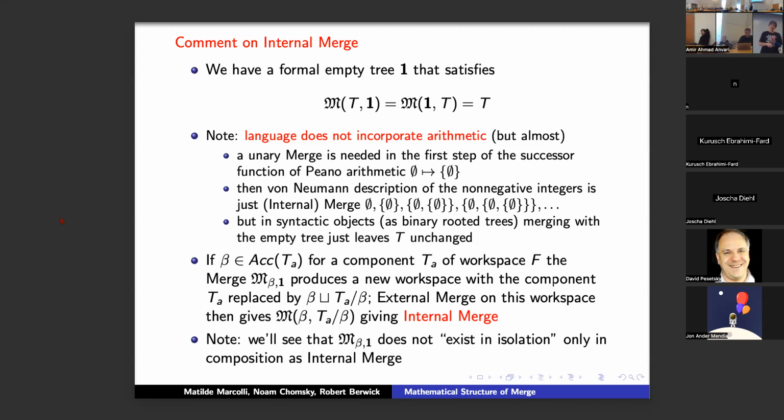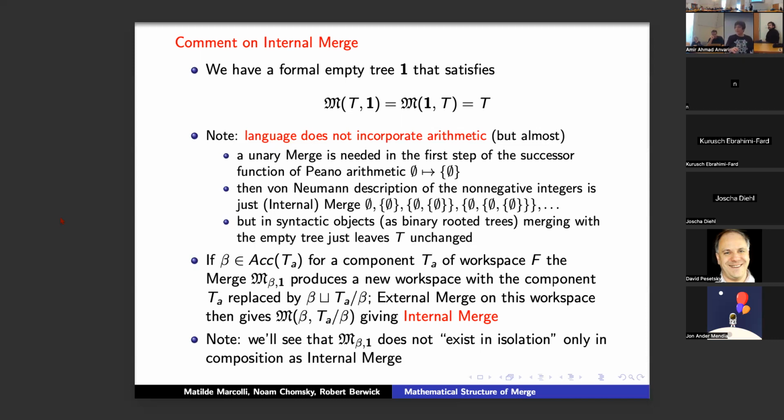It extracts an accessible term and puts it in the workspace together with its corresponding term with a deeper copy cancel. So this is just formally an operation that is what normally, in the linguistic paper, is copying an accessible term into the workspace.